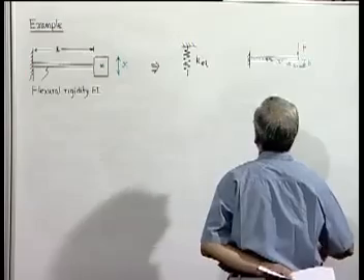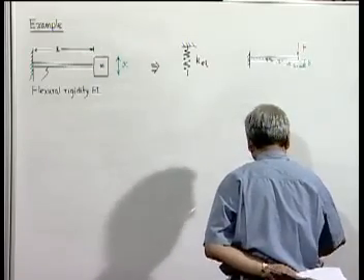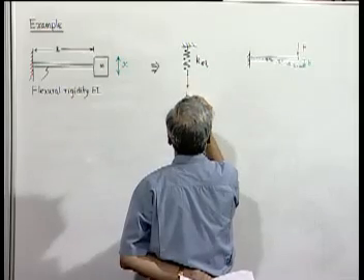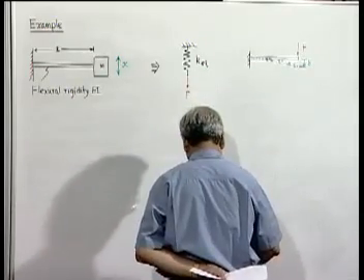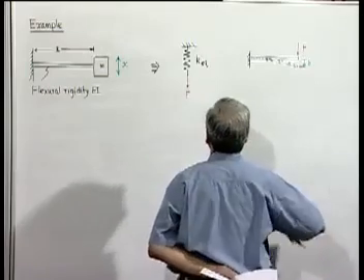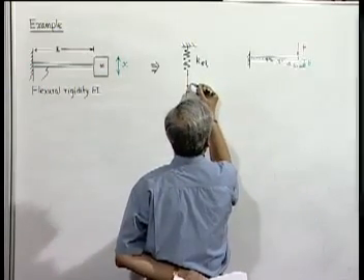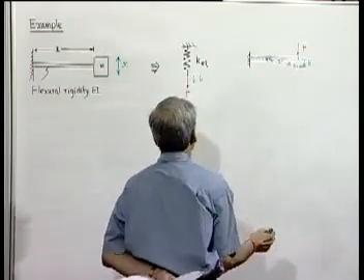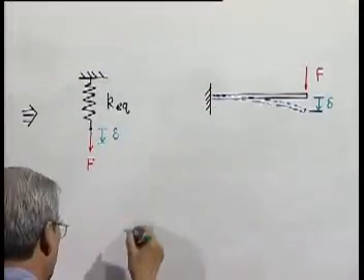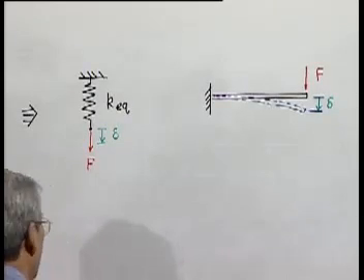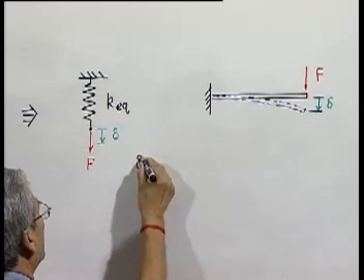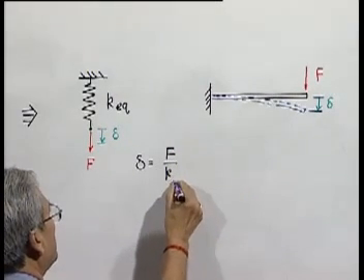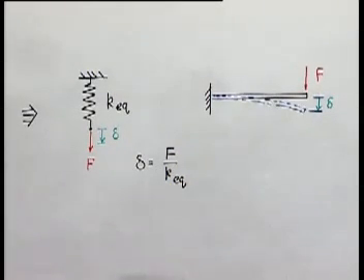And if you apply the same force here, it should be deflected by the same amount. So, here the deflection delta is equal to how much? F by K equivalent, by definition of a spring stiffness.